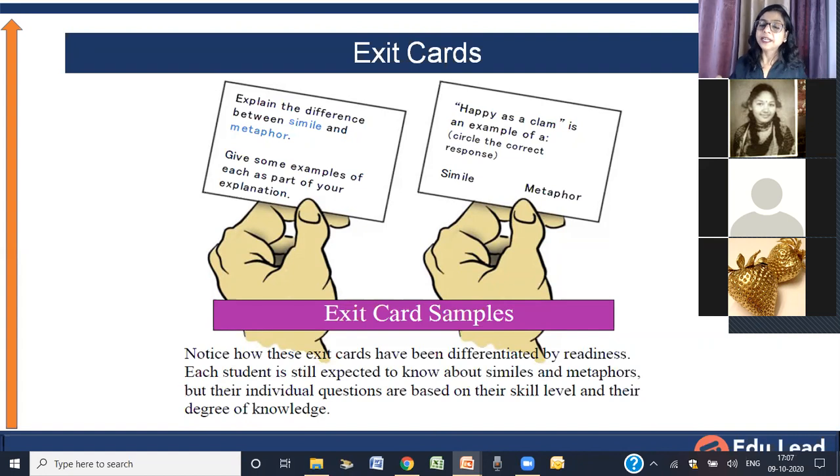Now, how would you use it? You can have different colored cards, and have your own coding in your mind, that red color is for A category of students, blue color is for B, C, and D. This is how you make the difficulty level of the questions, and while distributing you distribute according to the color coding.